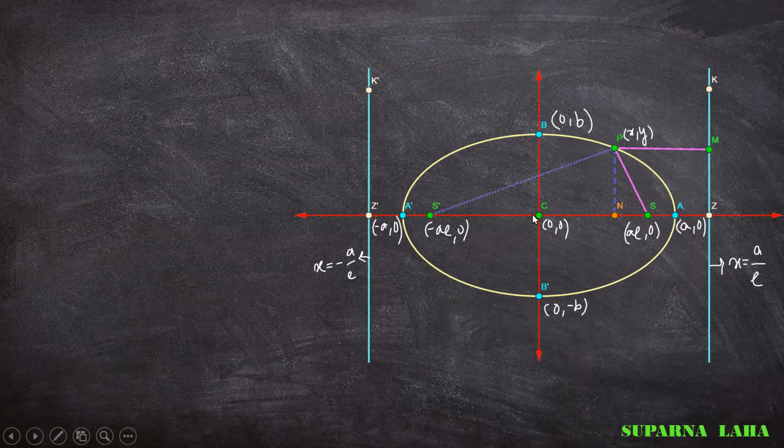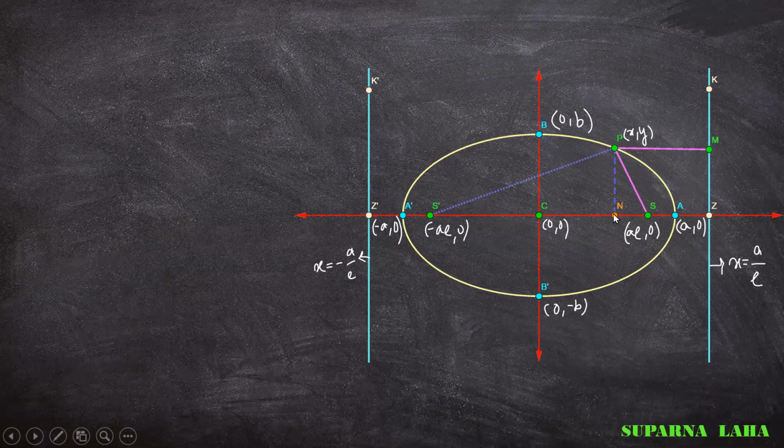So here I am taking CB, this distance is b, so the coordinate of B is 0 comma b and the coordinate of B dash is 0 comma minus b. C is the center or the origin. P be any point on the ellipse. So here this coordinate is x comma y.